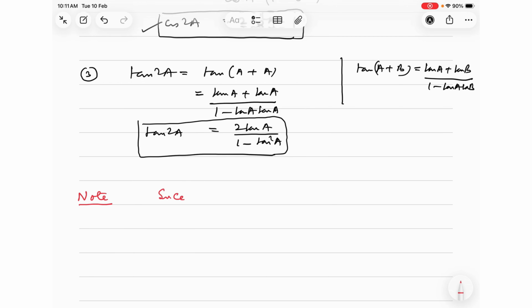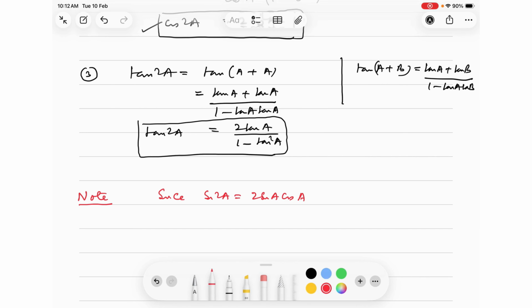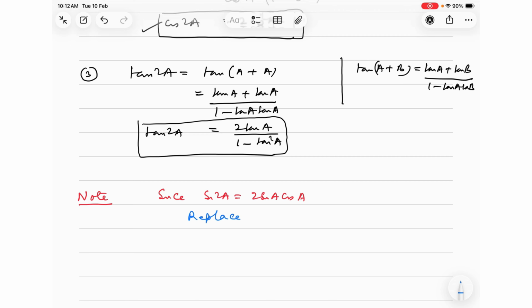Since sin 2A is equal to 2 sin A cos A, if you replace angle 2A with A, therefore A is replaced with what? A by 2.